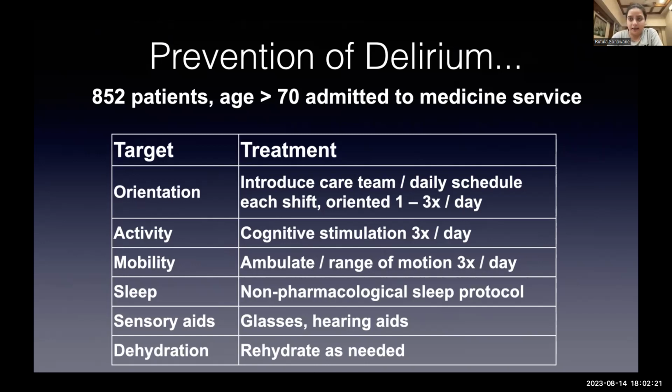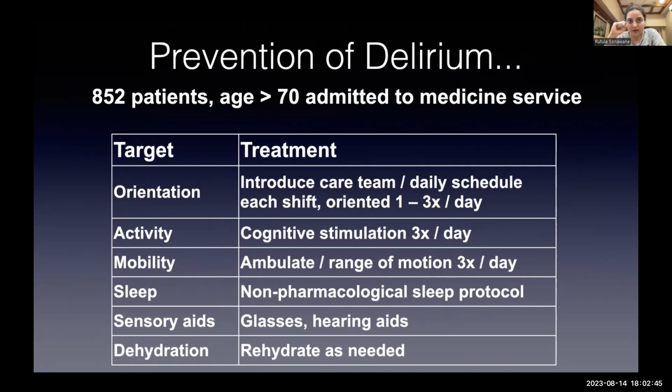So in any patients, especially with chronic diseases, it's always better to prevent the episode of delirium rather than treat it, because delirium is a direct indicator of mortality.